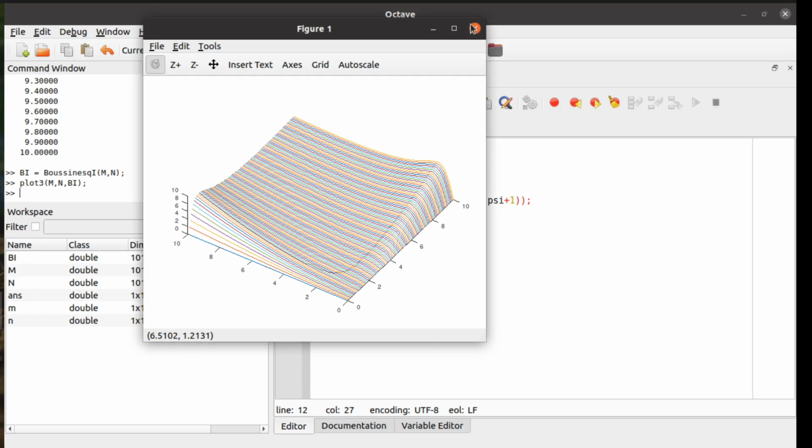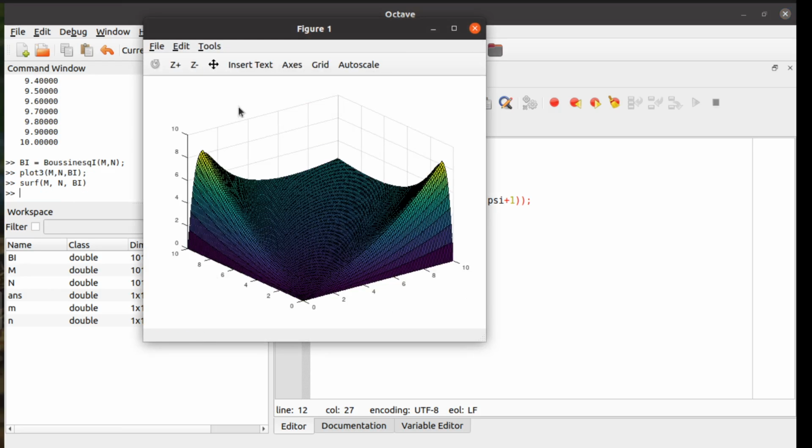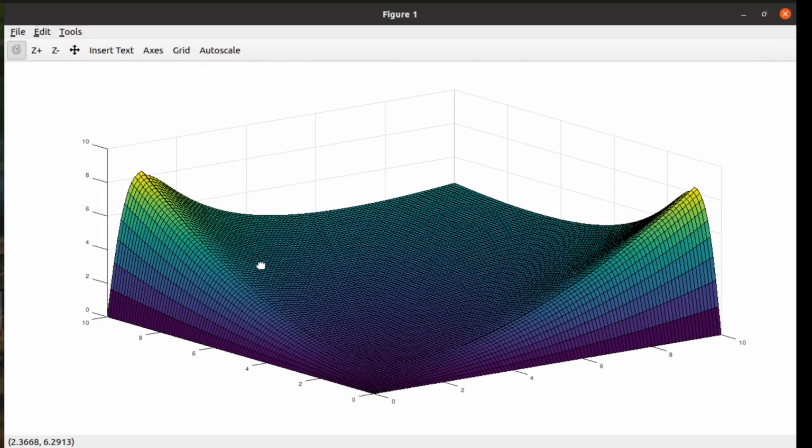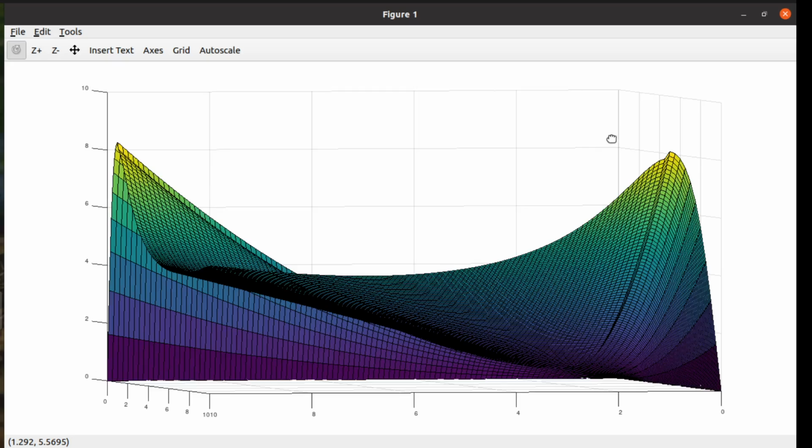This doesn't look that great. Let's plot surface, surf of m, n and then Boussinesq I. This looks good. So m, n value, and this is the bi value, Boussinesq I value.